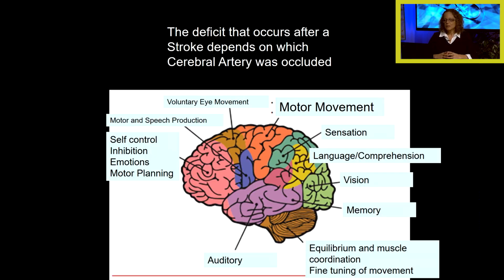And if we look at this slide here, we can see that the deficit that occurs after a stroke really depends on which cerebral artery was occluded.